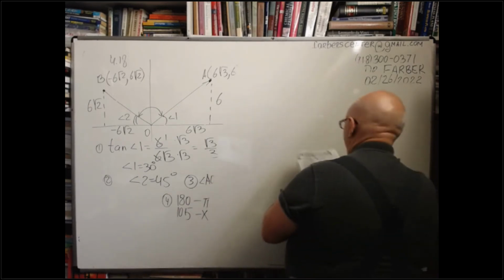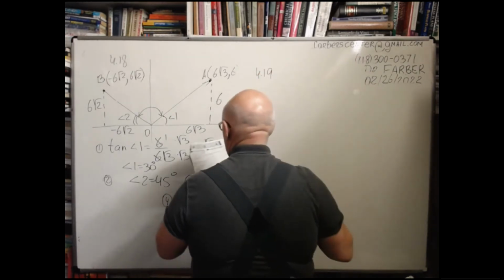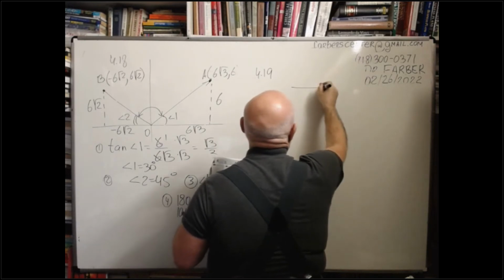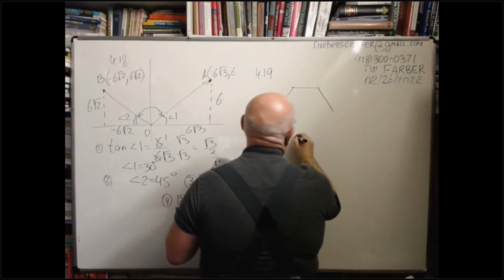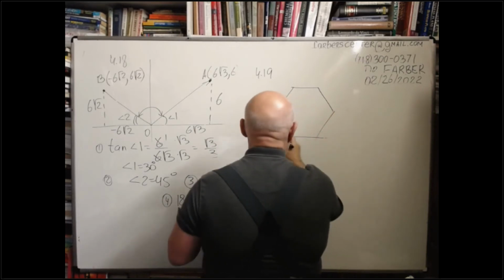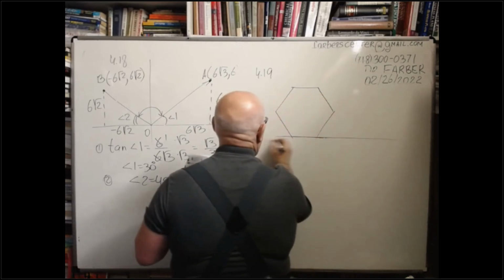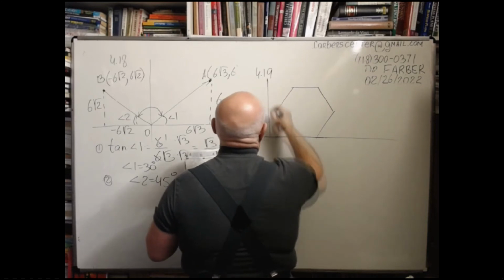In 419, we have a hexagon. Not to scale, but pretend this is a hexagon. And this Cartesian coordinate, and what else do we know?